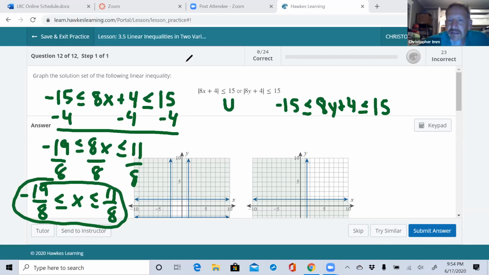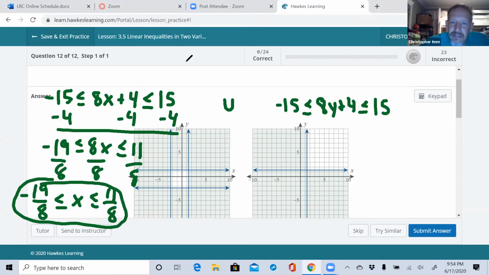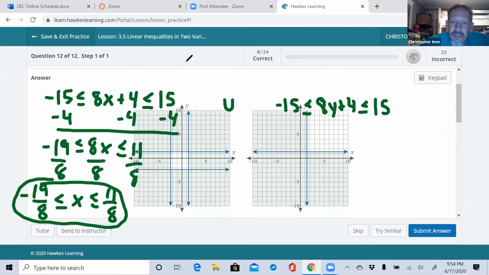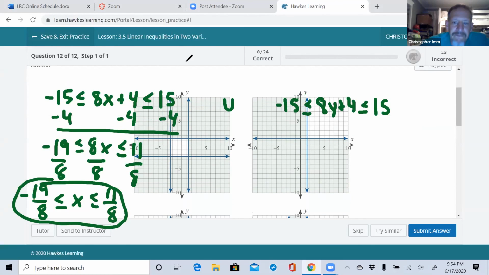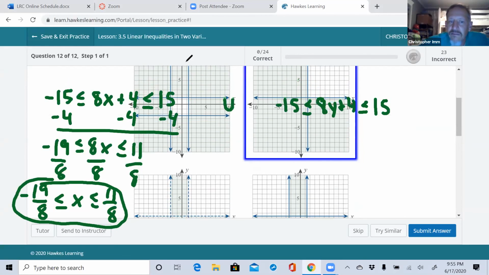Let's see if we can eliminate some graphs here. Definitely we can eliminate this one here because it has only one vertical line.